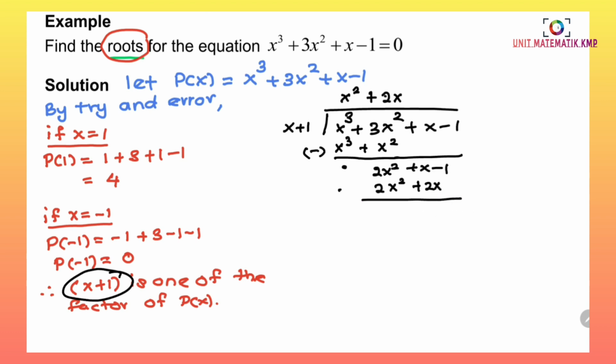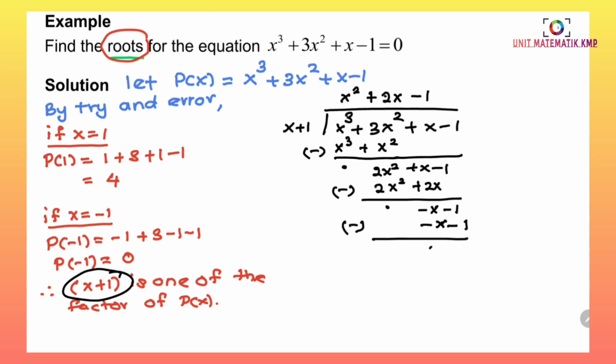Subtract, we have 0. x minus 2x is negative x, and bring down -1. x times -1 is negative x, and -1 times 1 is -1.